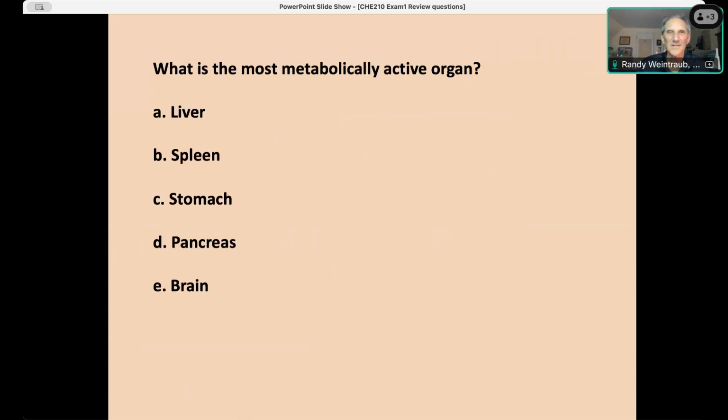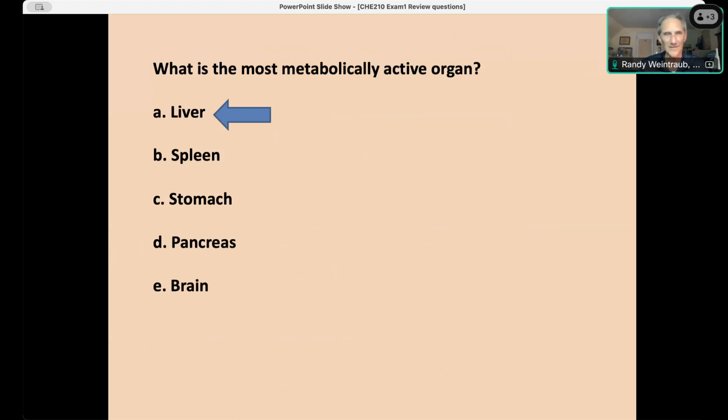Most metabolically active organ. The liver is an incredible organ with so many things it does. It stores a lot of vitamins and glycogen. It detoxifies. We didn't cover that yet, but it's a huge detoxification organ.